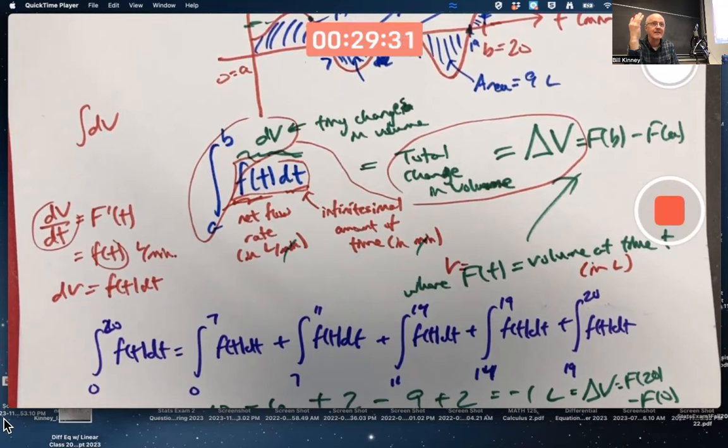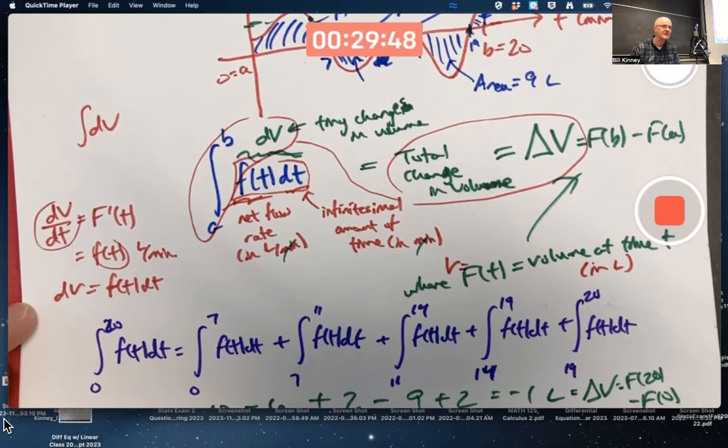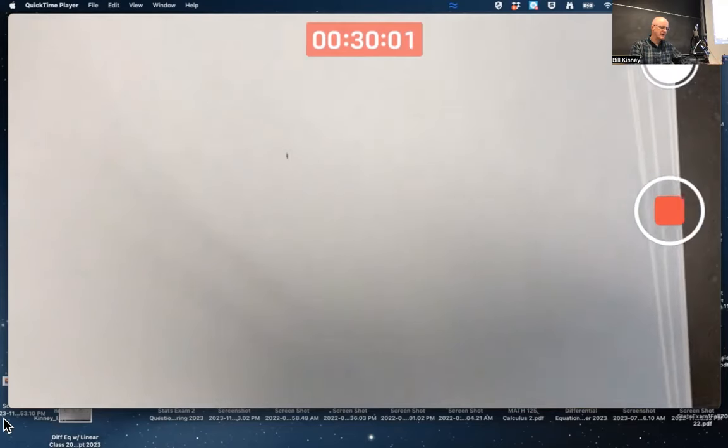Do you have a question? The Leibniz notation is both confusing and helpful. It's technically not a fraction, but we're treating it like a fraction. The fact that we're treating it like a fraction is confusing, but at the same time helpful once you get used to it. This applies more generally.